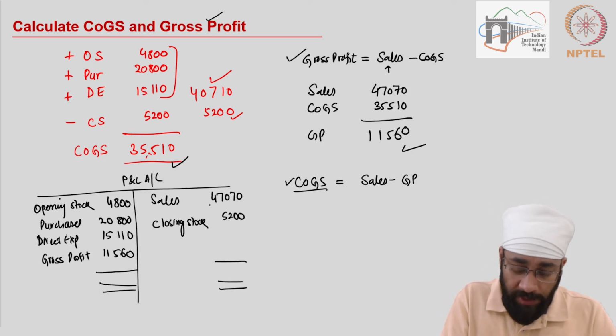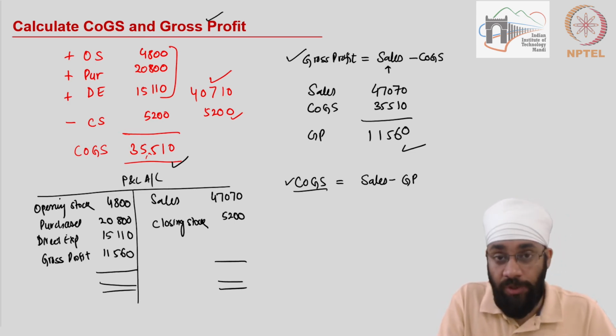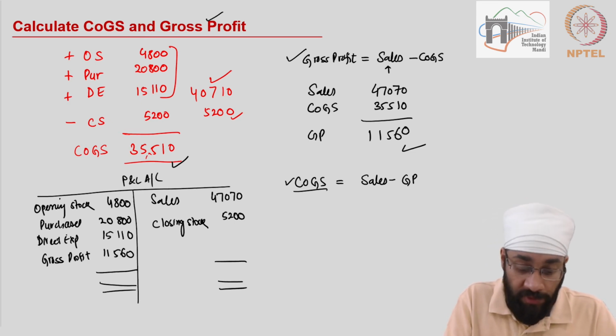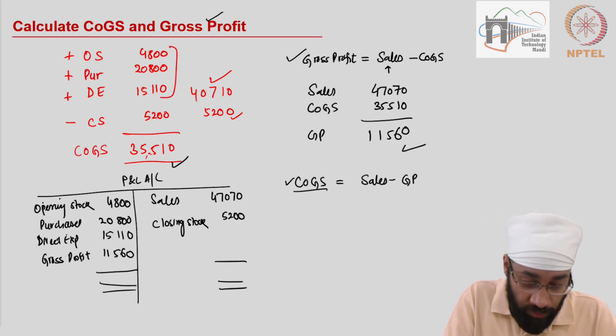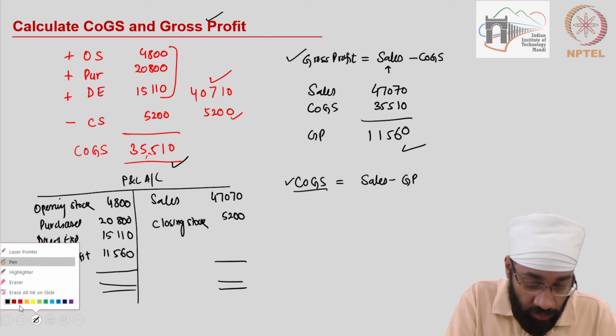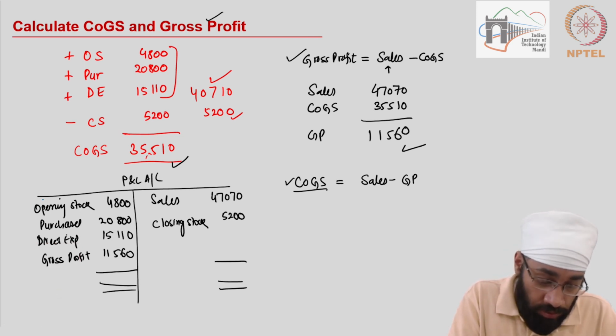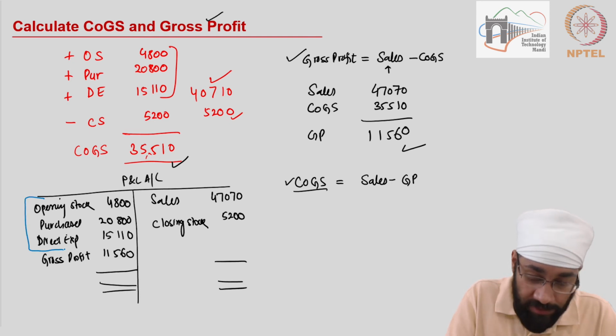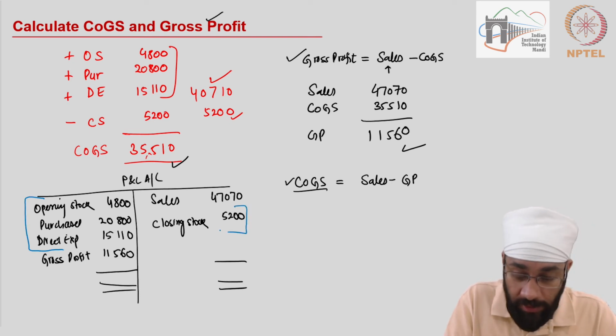So all you did was use this information to figure out two numbers: cost of goods sold and the gross profit. In order for you to calculate the cost of goods sold, you used these three numbers and this one number.